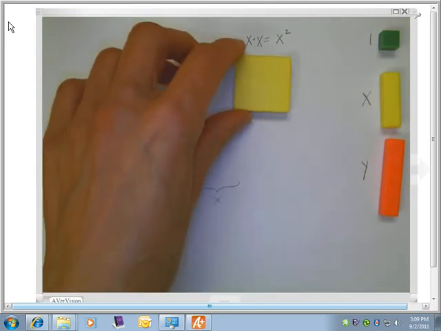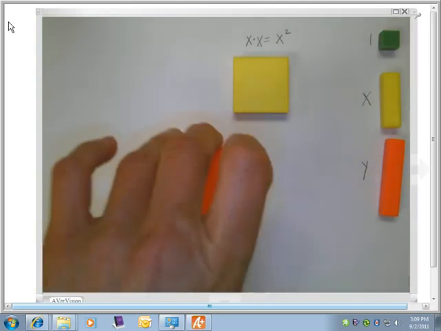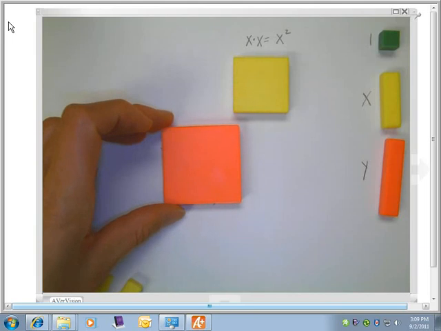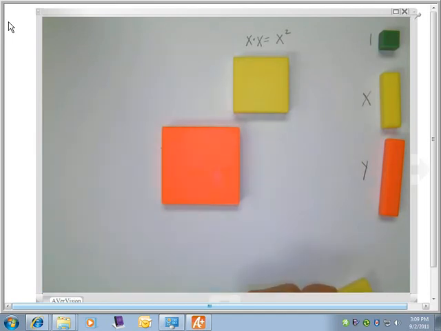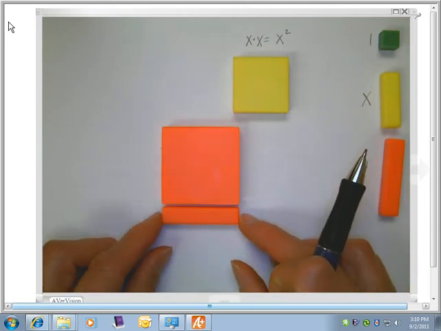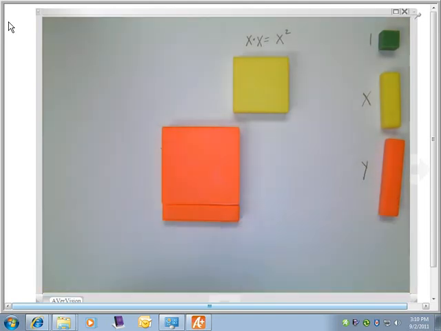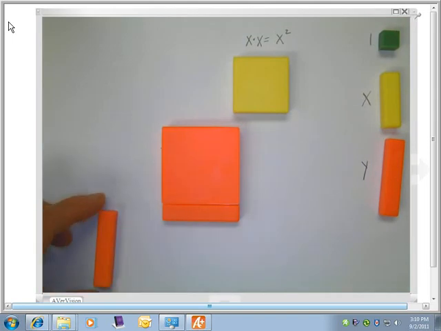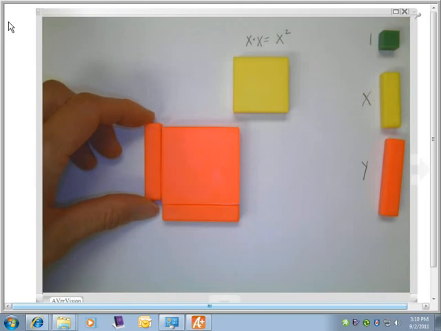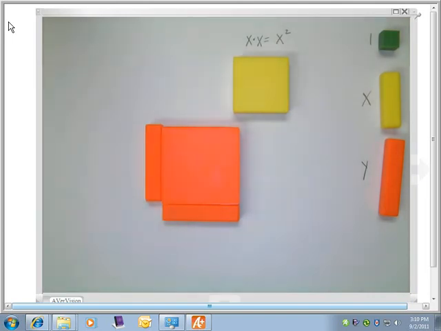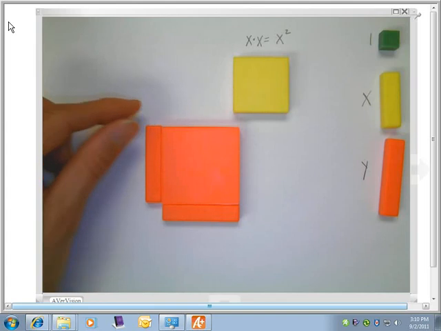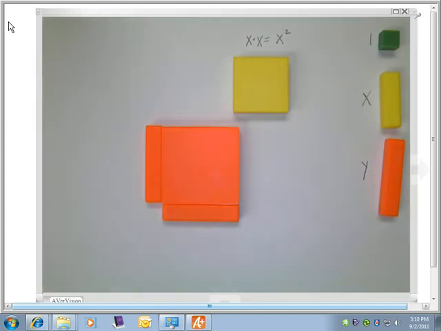Well, let's look at this one. This is also a square. Let's try this on the side since it's the same color. Look at that. That is the length y. And that is the width y. So it's the same sort of thing as with our x squared.